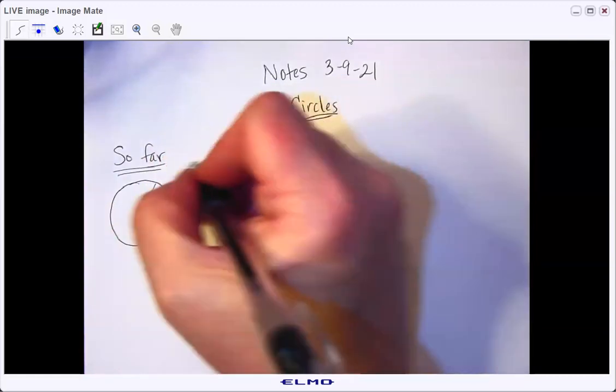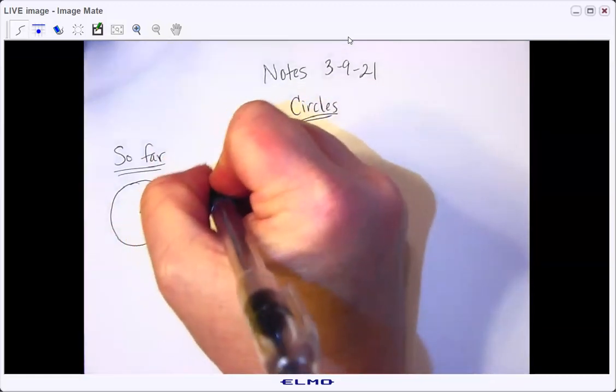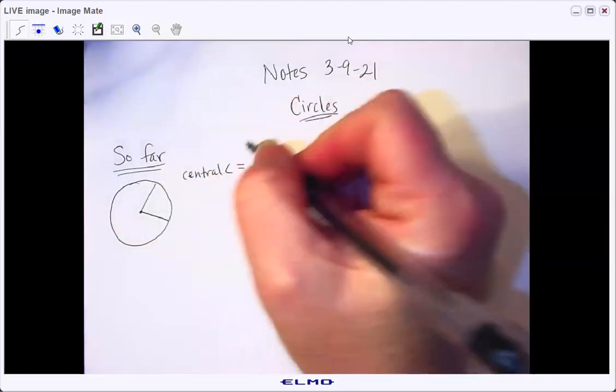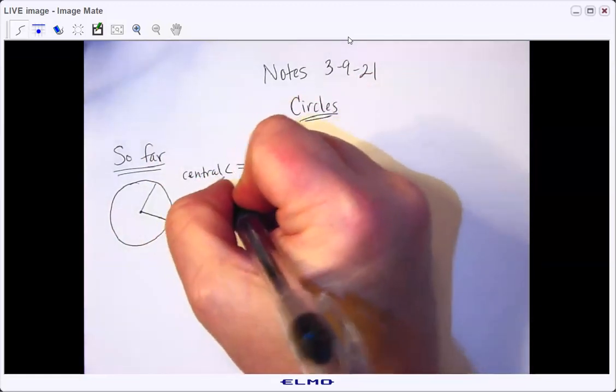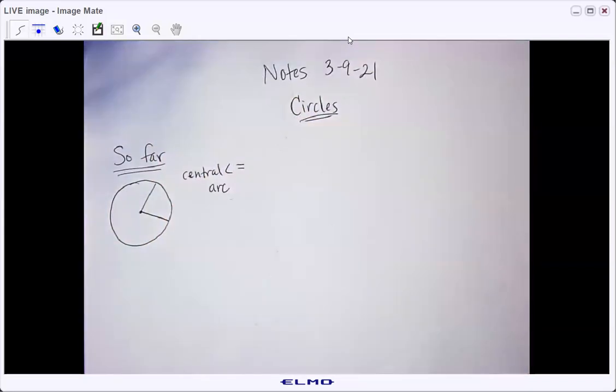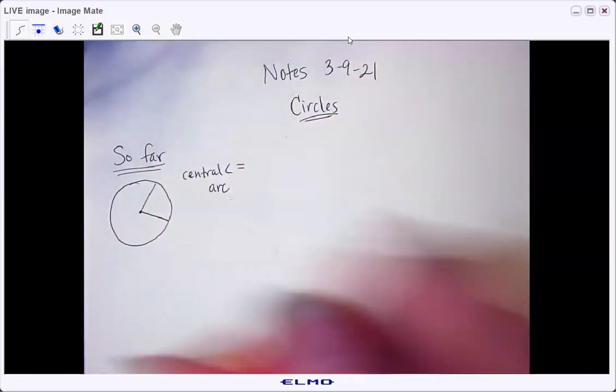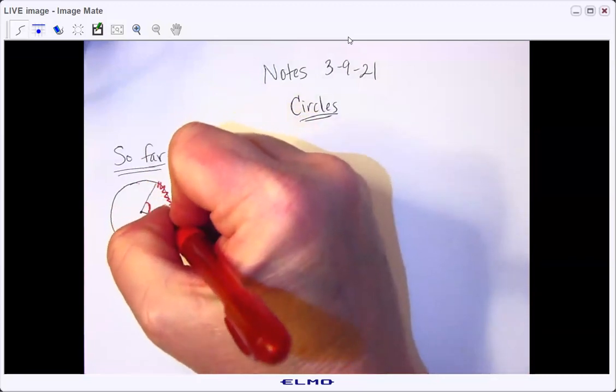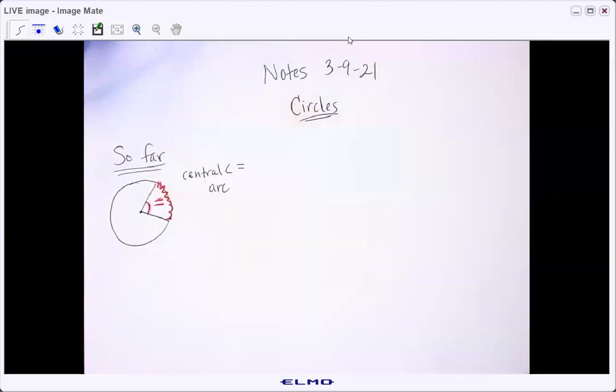We call that a central angle, whose angle is equal to its arc. So we know that this angle is equal to this arc because it starts at the center.